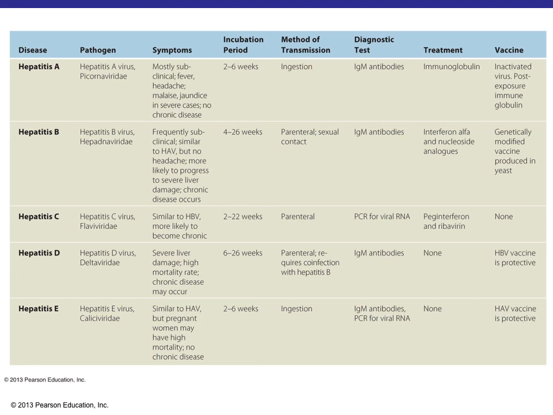The method of transmission, how do you get it? Most commonly through sexual contact. A diagnostic test is IgM, and treatment can be with interferon alpha, so interferon, and you can be vaccinated with a genetically modified vaccine that is produced in yeast.